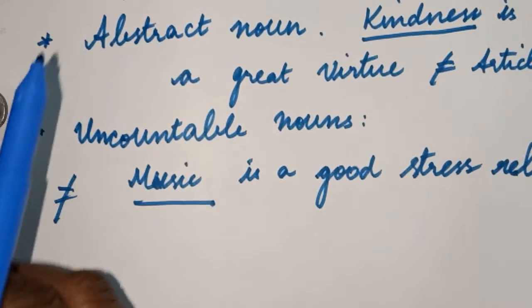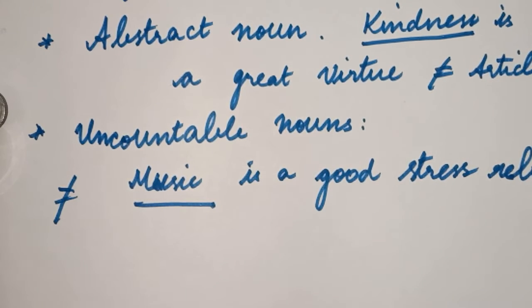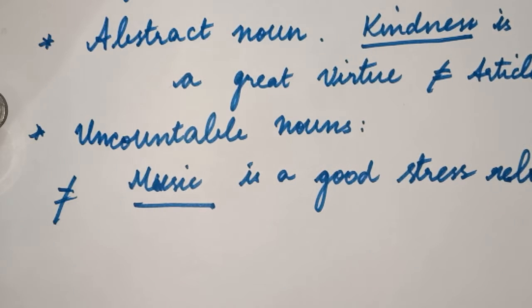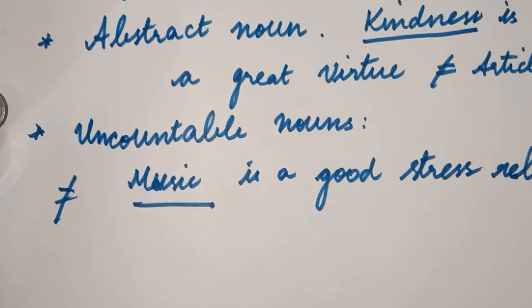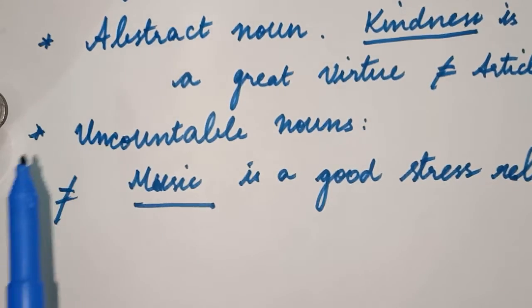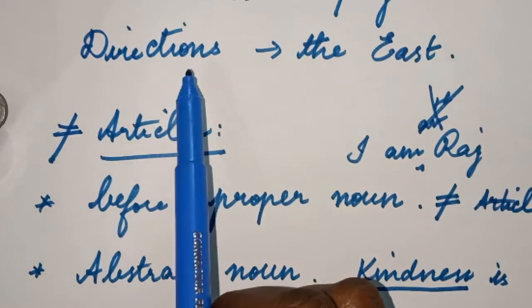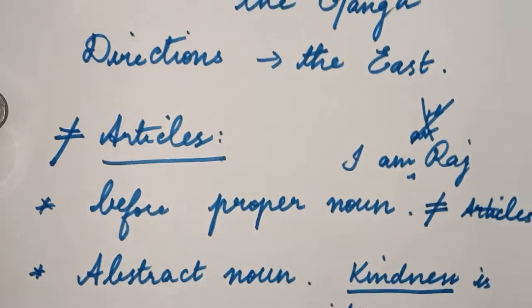So understood? Articles are divided into two types: definite article and indefinite article. The definite article is the. The is used for specific people or things, unique things, and directions. The indefinite articles are a and an.